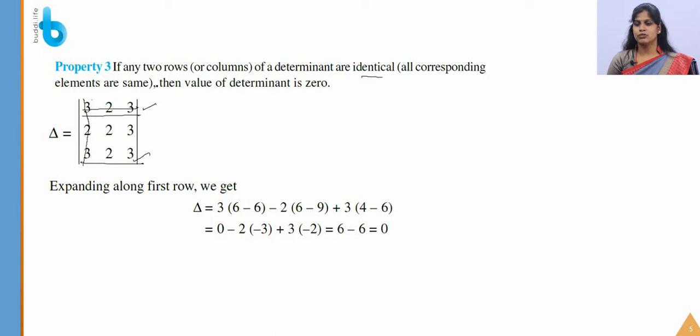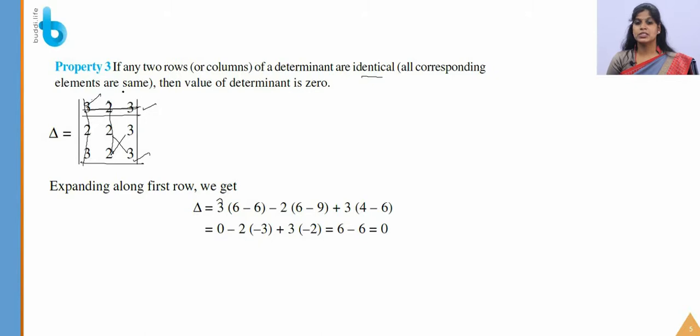For the first row and first column, that is 3 into, this element 3 into 3 twos are 6, 3 twos are 6. Then you have to change the sign, minus 2 into, just strike out the first row and the second column.